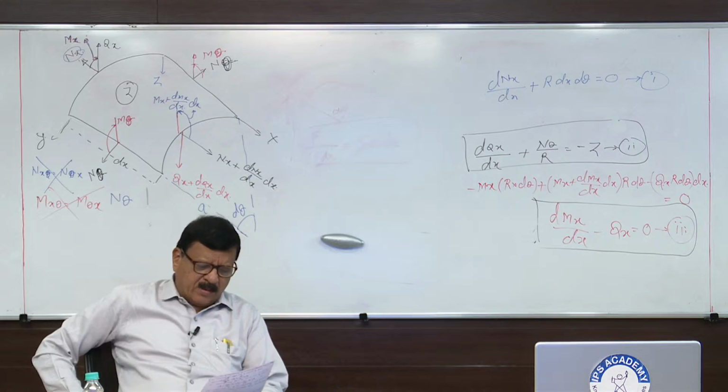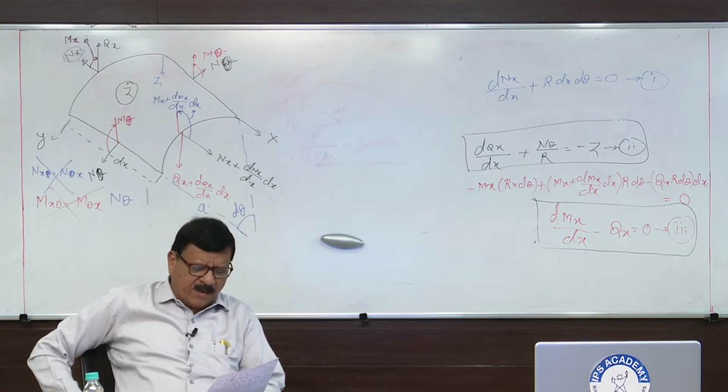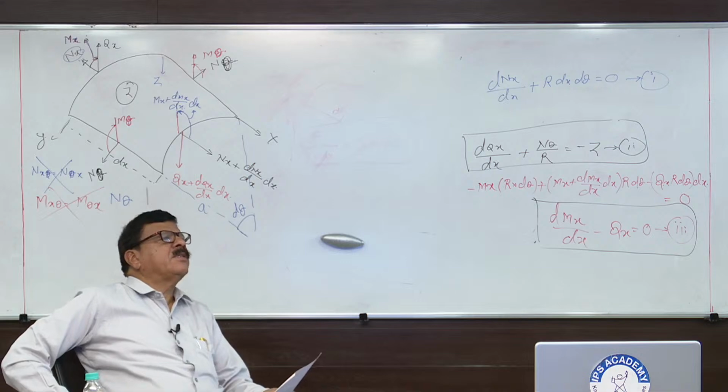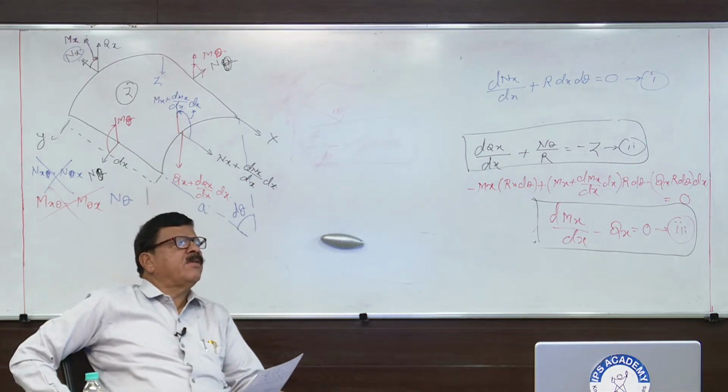So from symmetry, component v of the displacement, small v, of the displacement in circumferential direction vanishes. In circumference direction vanishes.